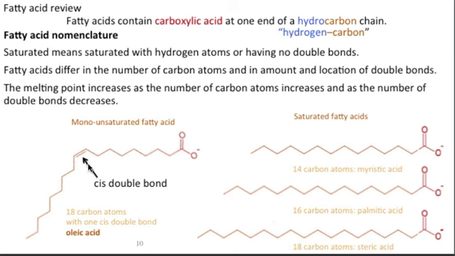The presence of a cis double bond leads to a change in nomenclature. Whereas these are saturated fatty acids, they're saturated with hydrogens, this is monounsaturated. It has a single double bond, which means it's lost 2 hydrogens, it's not saturated.